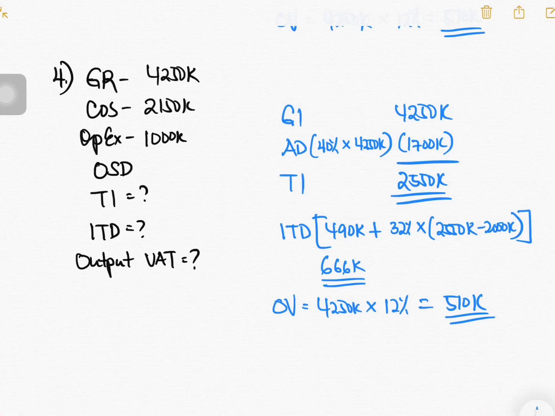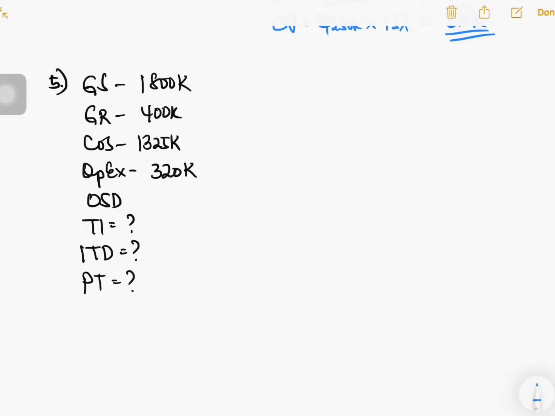Okay, so let's have another. Now let's try this one. Gross sales 1.8 million, gross receipts 400k. So you are not VAT in this case because you were not able to exceed the VAT threshold. Cost of sales 1.325 million, operating expenses 320,000, and you are using OSD here, and you are tasked to compute the taxable income, income tax due, and then the percentage tax because you are not VAT. What's your gross income?